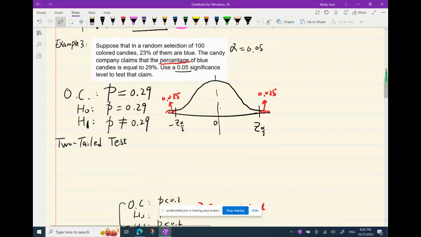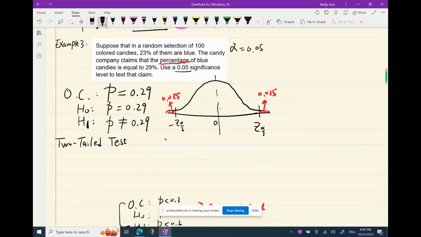That's what is special about two-tailed tests. We have two critical regions, both tails, and the blank region in the middle is the non-critical region. Can anyone help me figure out the critical region?